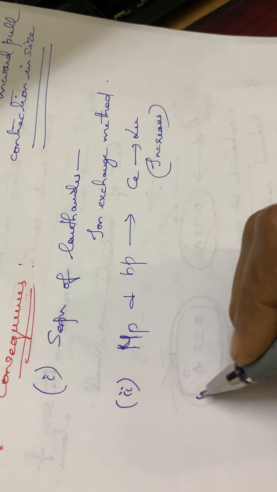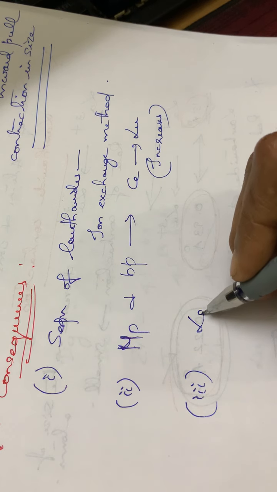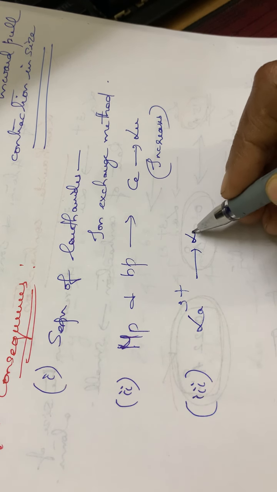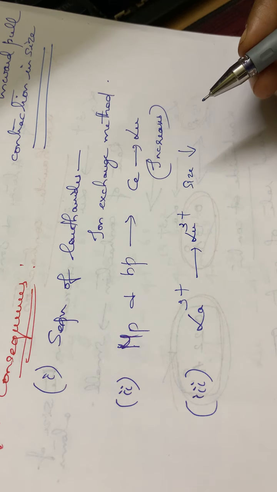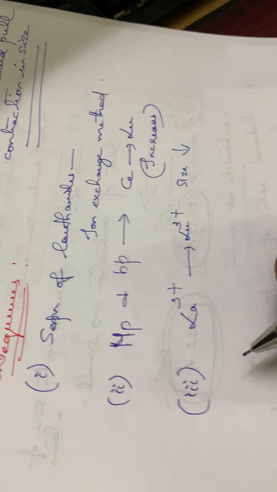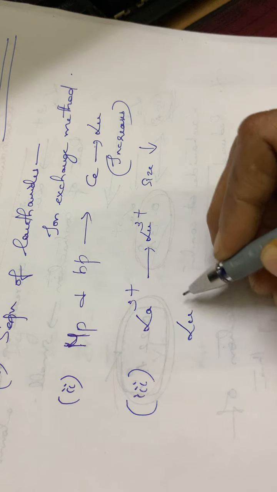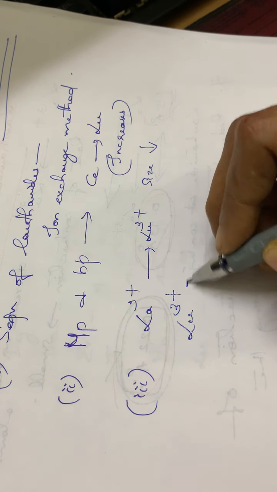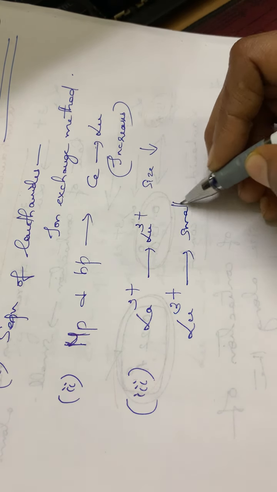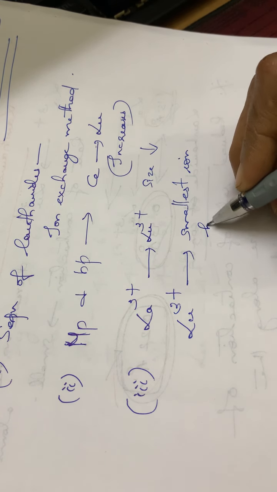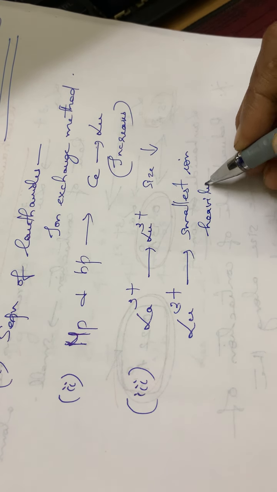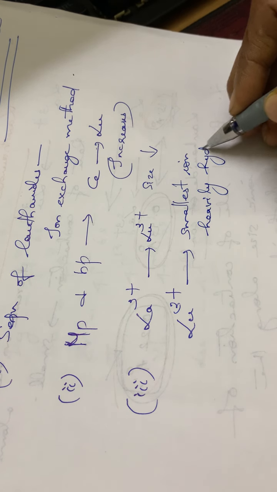Then the size of the lanthanides: what about the size? It decreases from lanthanum to lutetium. The Ln3+ size also decreases from lanthanum to lutetium. And here, the smallest ion in this series is lutetium. Smallest ion means it can be heavily hydrated.